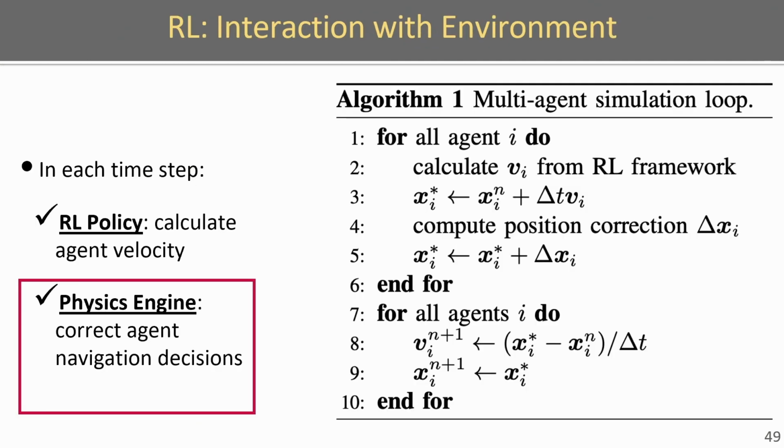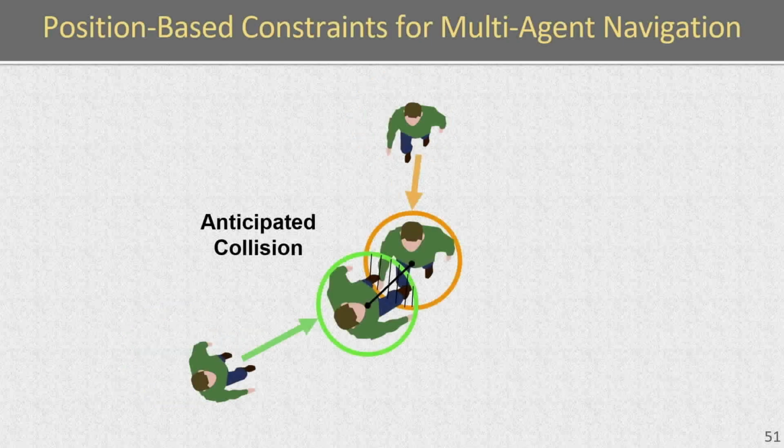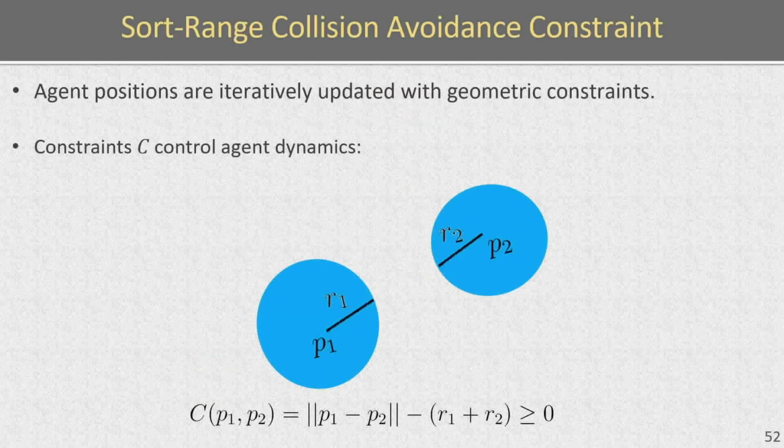In the interaction with the environment, we correct any incorrect navigation decision using position-based dynamics. As there are multiple agents in the environment, there still could be agent-to-agent collisions. In case of such collisions, we use short-range collision avoidance of position-based dynamics, which corrects the agent's position iteratively using geometric constraints.